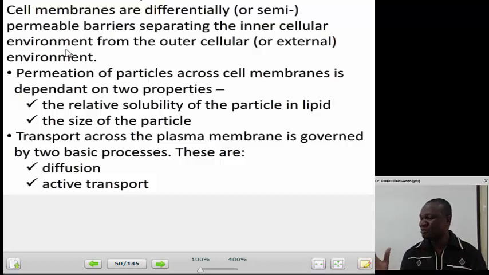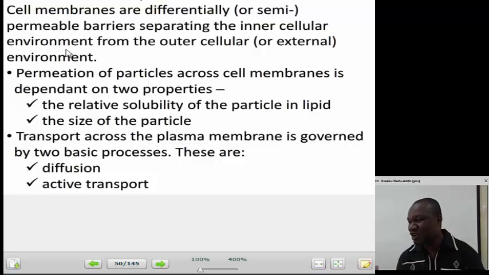Permeation of particles across the membrane is dependent on their lipid solubility, and secondly, on the size of the particle. Does that mean you don't have any questions? I can go on.